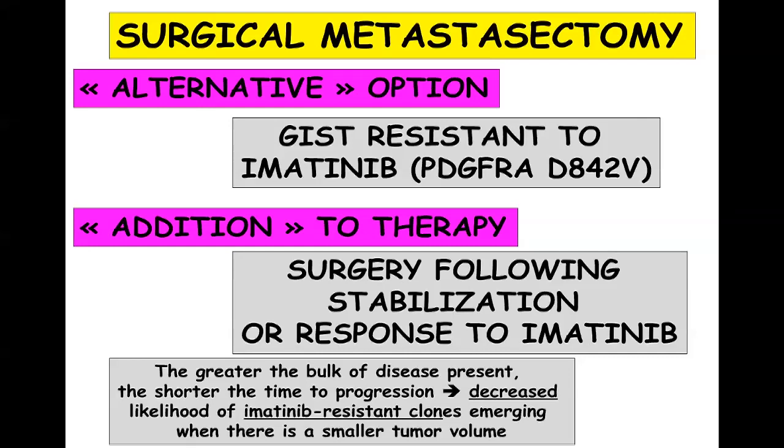A small paper published in GCO in 2008 on the surgical management of GIST after treatment with imatinib. And there is a difference in terms of overall survival between stable disease or limited disease progression and general disease progression.